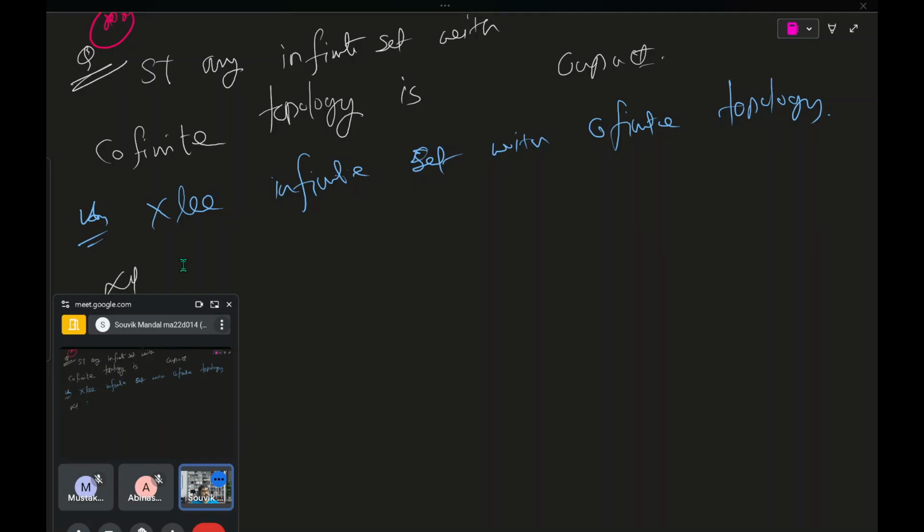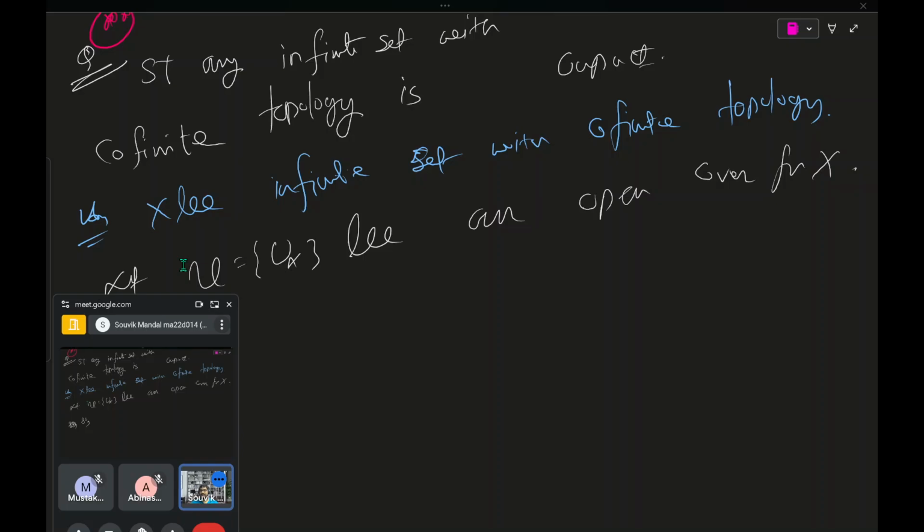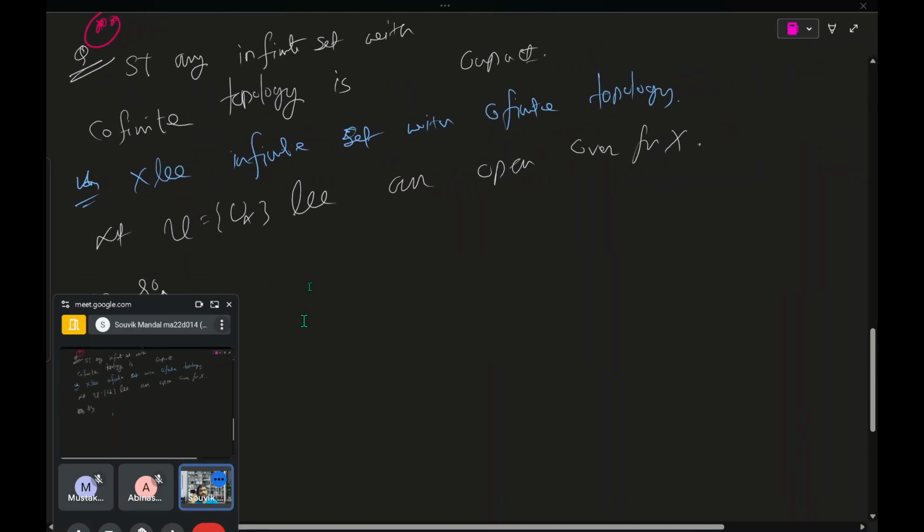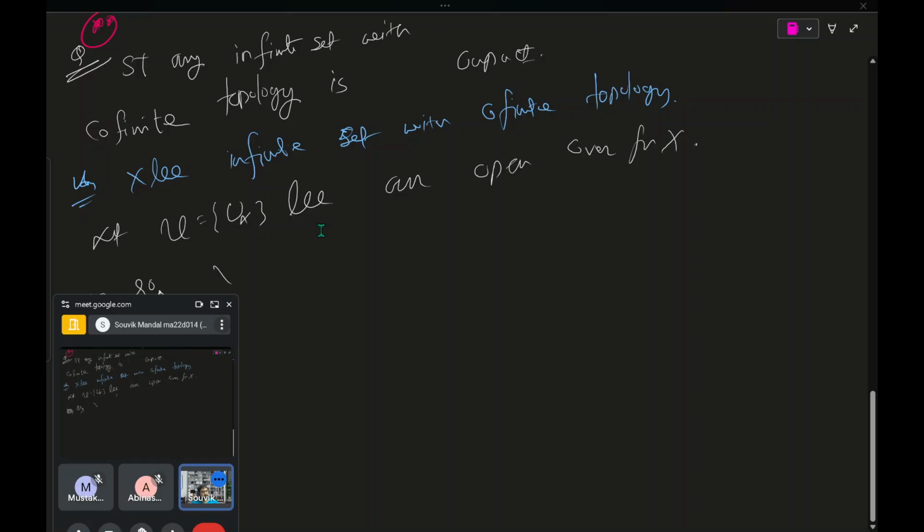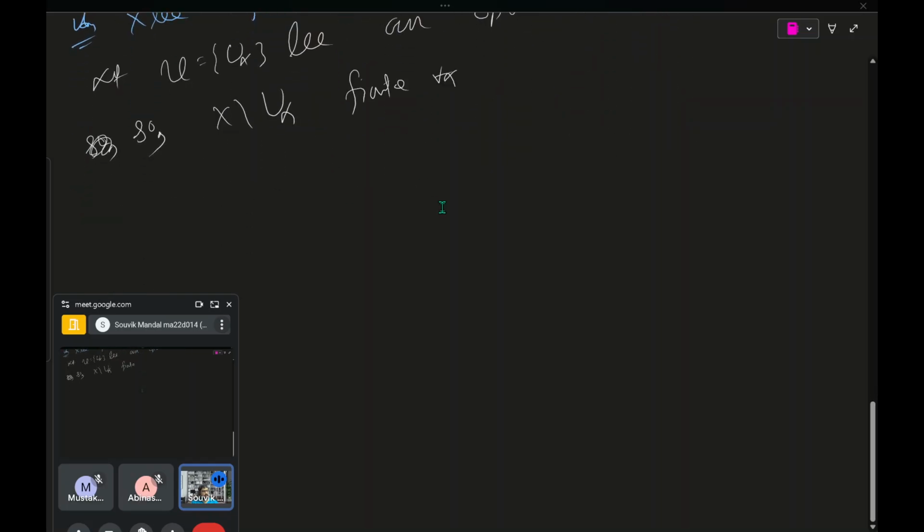Let U alpha be an open cover for X. Then X minus U alpha is finite for each alpha. So choose an alpha naught from the index set.